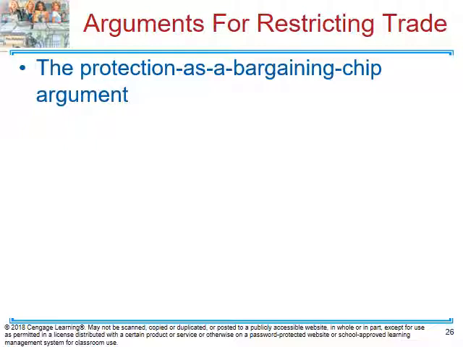So using protection as a bargaining chip is not valid because it hurts both countries.